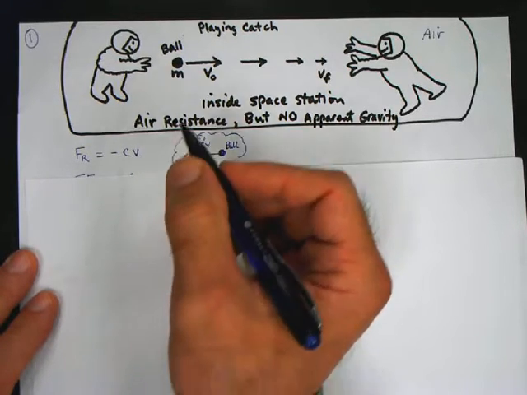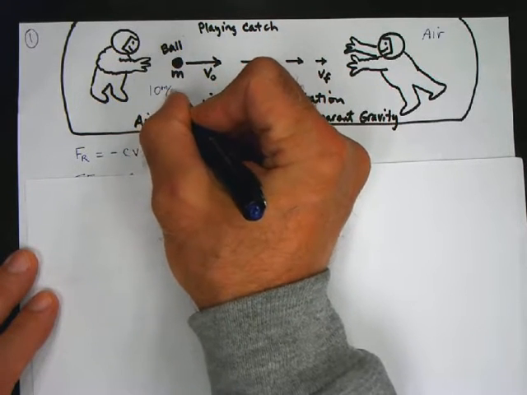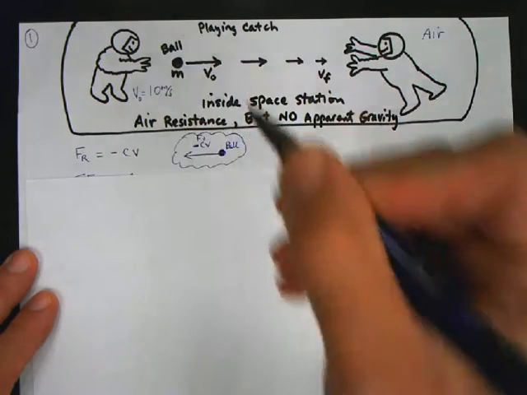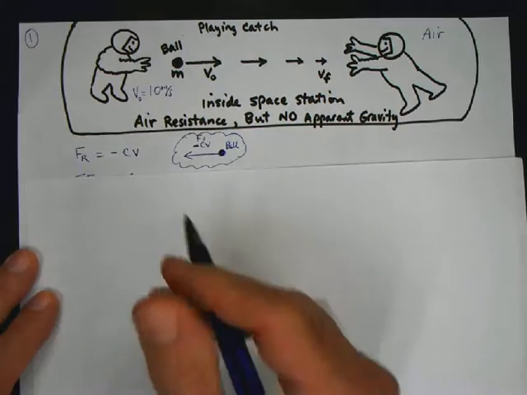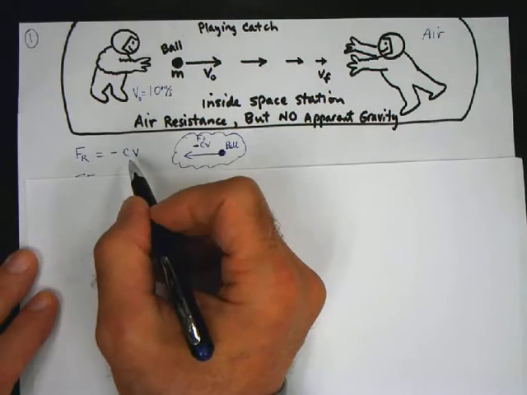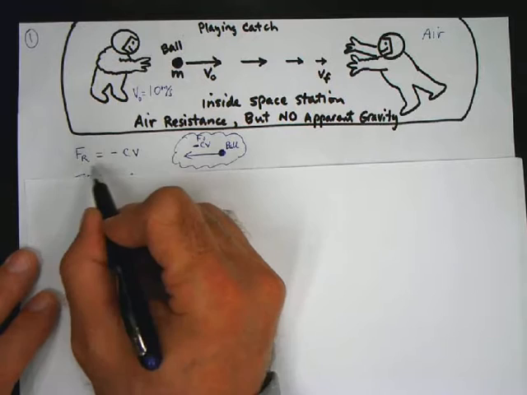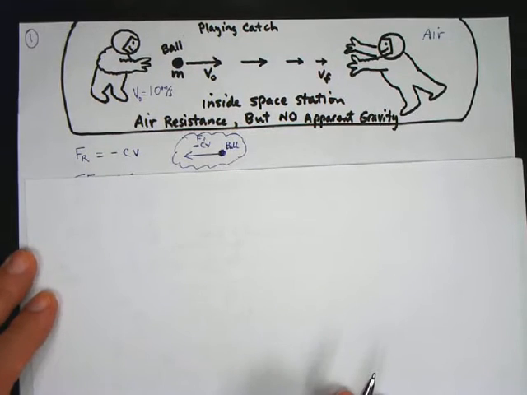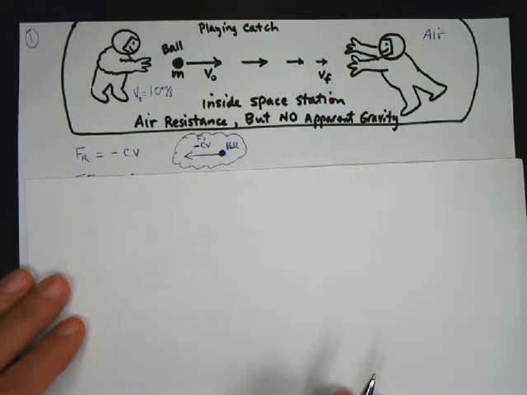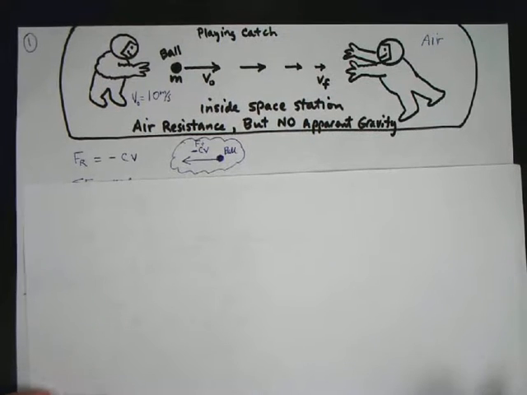He's only throwing the ball maybe at like 10 meters per second, where the initial velocity is 10 meters per second. So that's not very fast, so it's going to be a linear relationship between the resistive force and the speed. And if you recall from part 1, this was one of the forms that the resistive force equation can take.